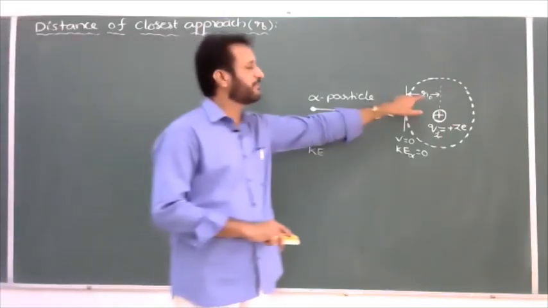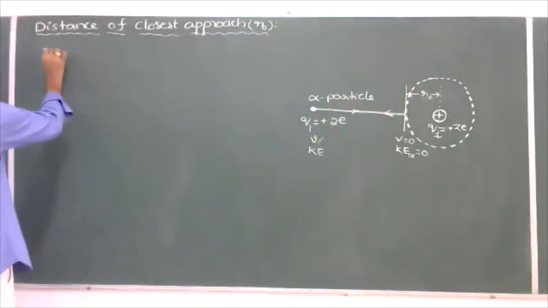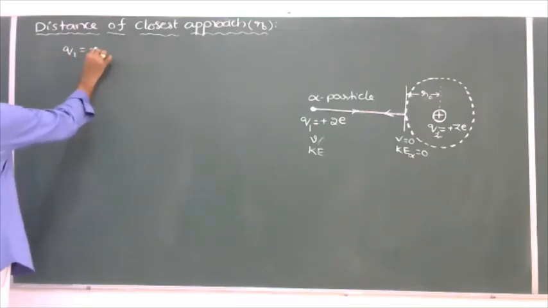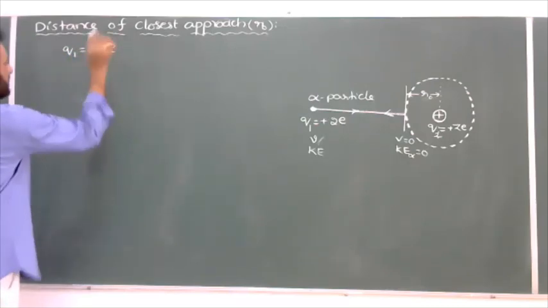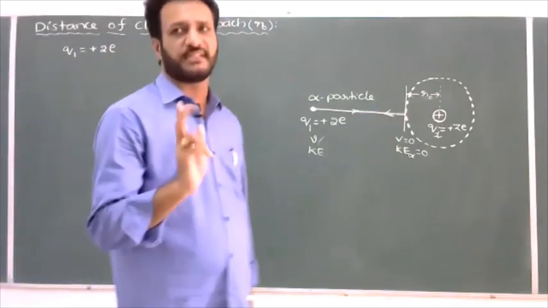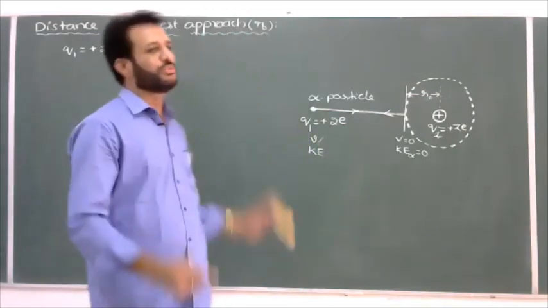Now I'll derive the formula for R naught. For this, we take the charge of the alpha particle: Q1 is equal to plus 2e. Why plus 2e? The alpha particle contains 2 protons, the charge of 1 proton is plus e, so 2 protons give 2e.